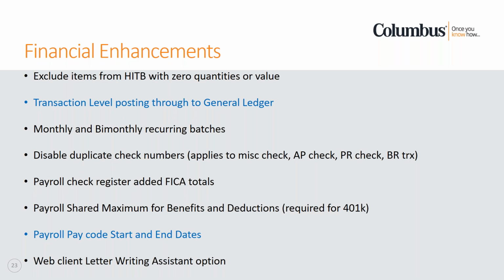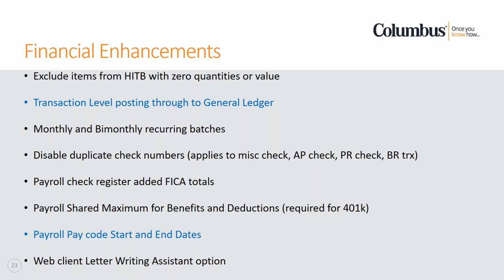Well, you can today in accounts payable and payroll, but if you're using the miscellaneous check form or the bank reconciliation transaction where you put a check number in, the duplicate check number flag was not honored in those two areas. Some people might have called that a bug. That was just a missing feature. And so now with 2018 R2, the system enforces that. And that's not an option, it just does it.